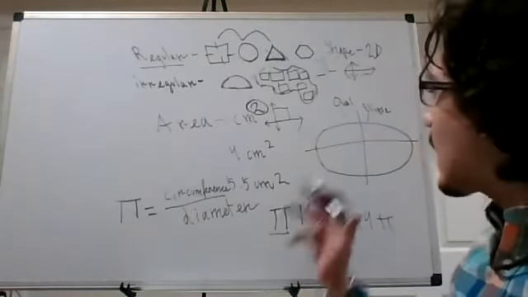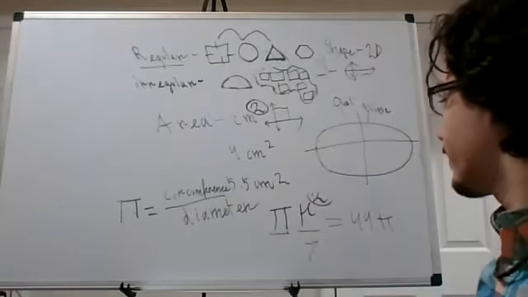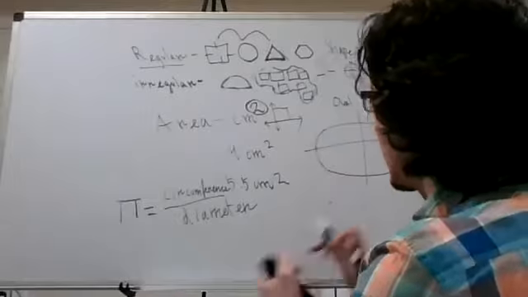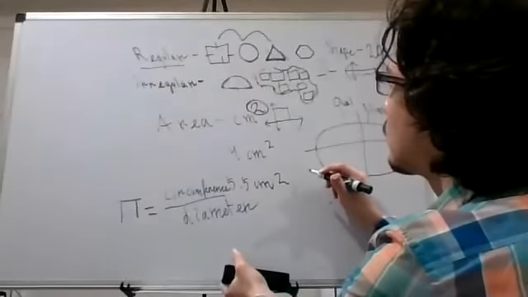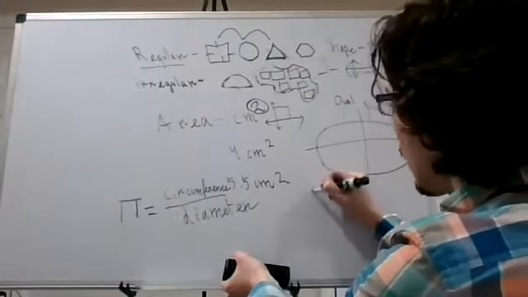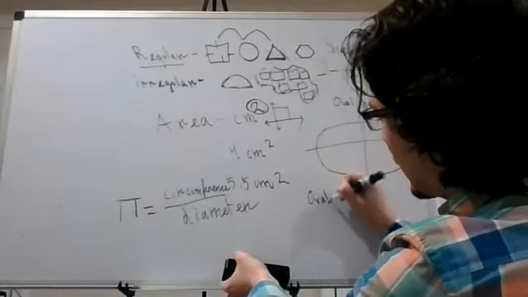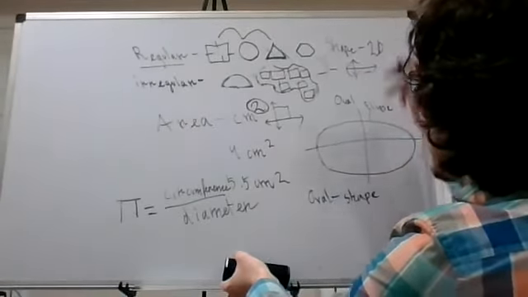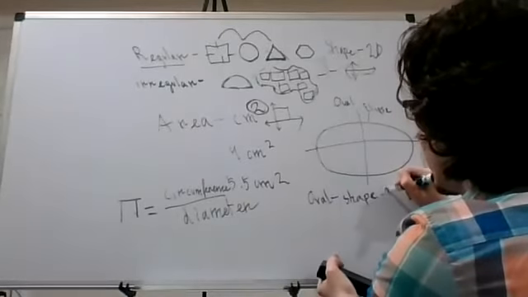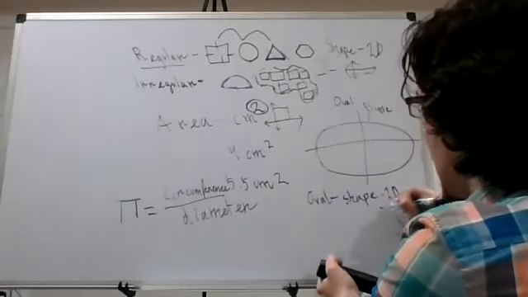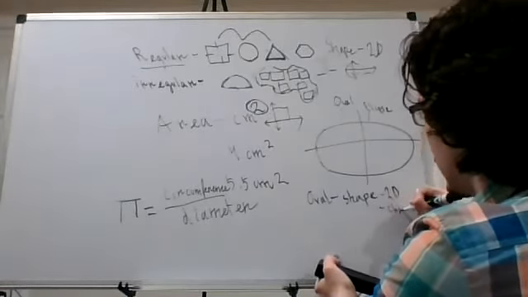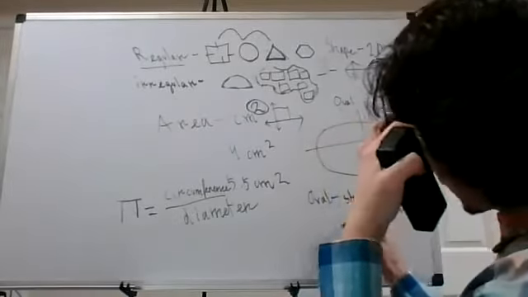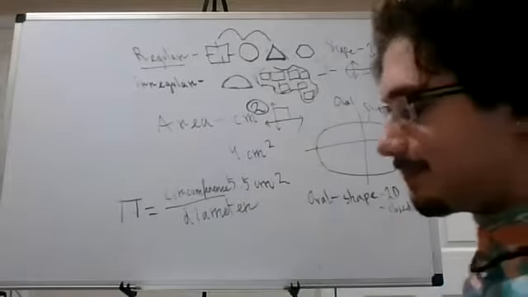Could you tell me, is an oval a shape? Yes, sir. Okay, so we know an oval is a shape, and we know that a shape is 2D, and the line is closed.